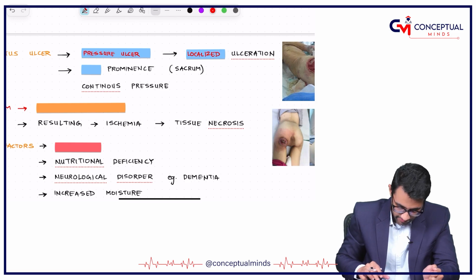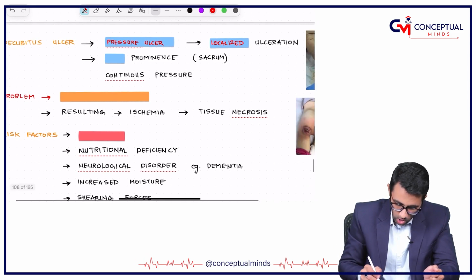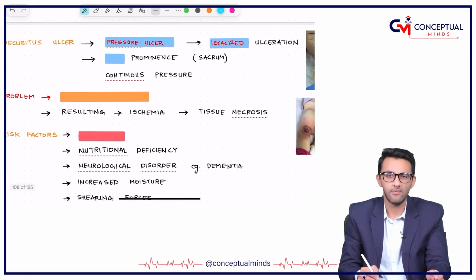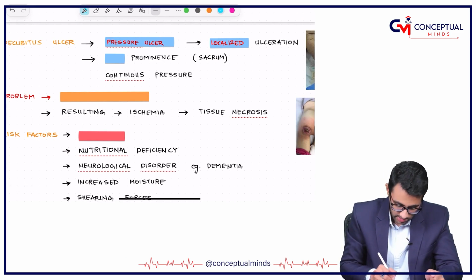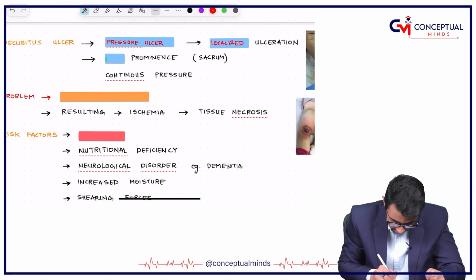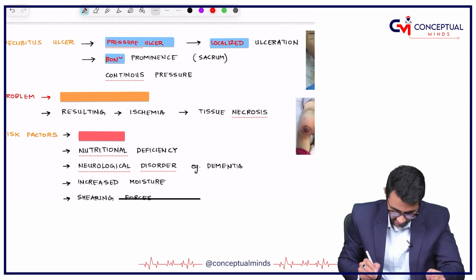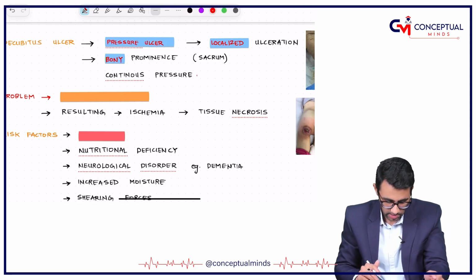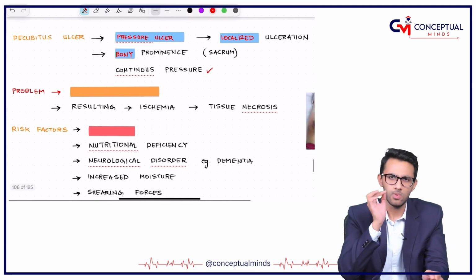The most common location that we find is over a bony prominence. Yes, we just discussed this point. It is also because of continuous pressure. So what is the problem happening here?